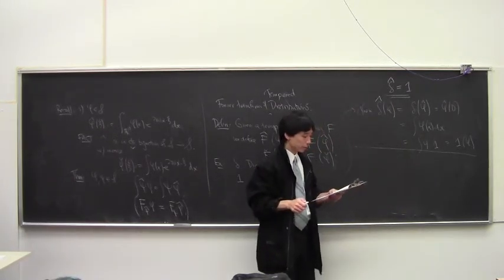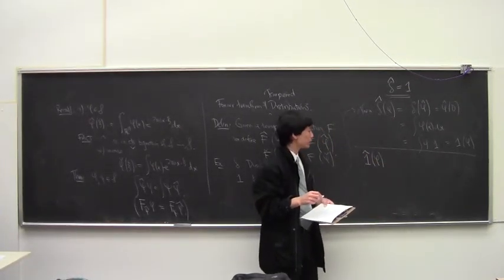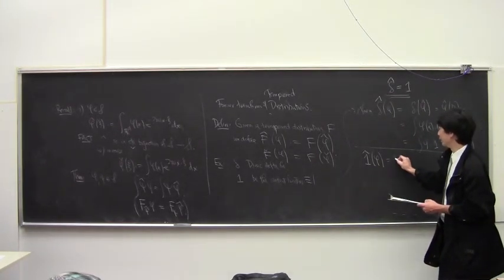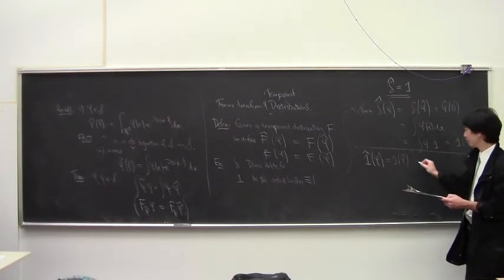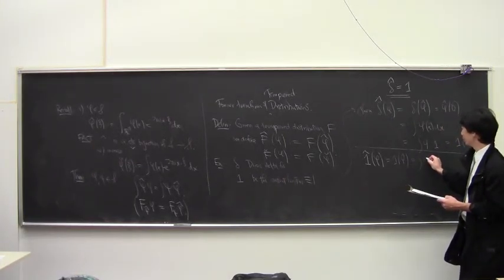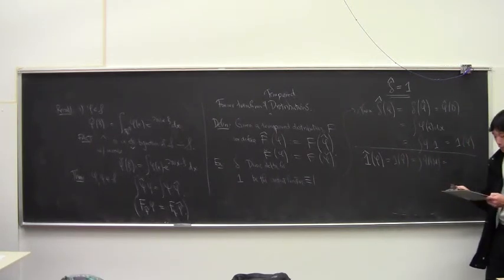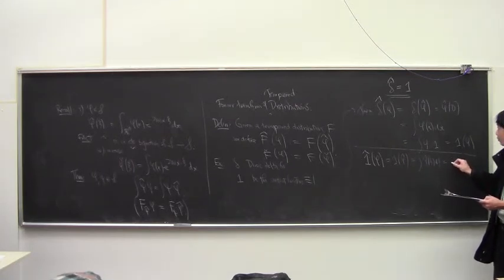Similarly, if we took the constant function 1 and took its Fourier transform, well, that would be 1 acting on the Fourier transform of that guy. Well, that would be the integral of the Fourier transform.